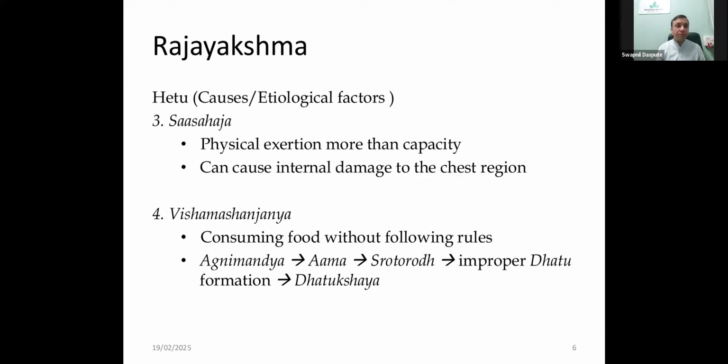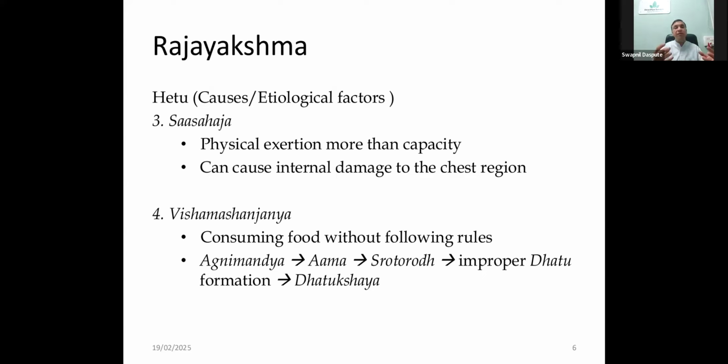Fair. So, Vishamashana Janya Rajakshma. In this, food is consumed without following the rules. We know Ashtavidha Ahar Vidhi Visheshayatanani, that has been taught. So Prakriti, Karana, Sanyoga, Samskara, etc. are the Ahar Vidhi Visheshayatanani, wherein the food is not consumed according to the rules that have been told.